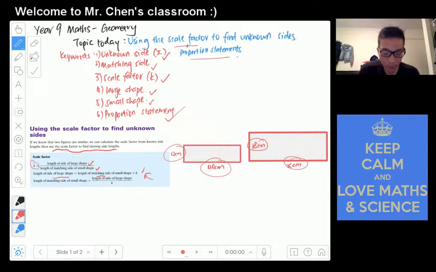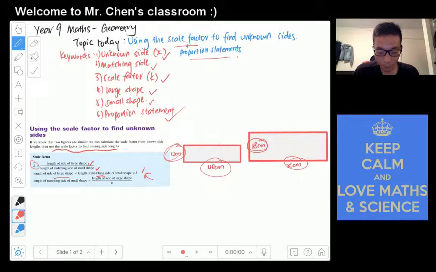So we can find out what that x is by using the scale factor. First you have to find the scale factor. We can find the scale factor since we know they are similar triangles, I mean not triangles, rectangles.